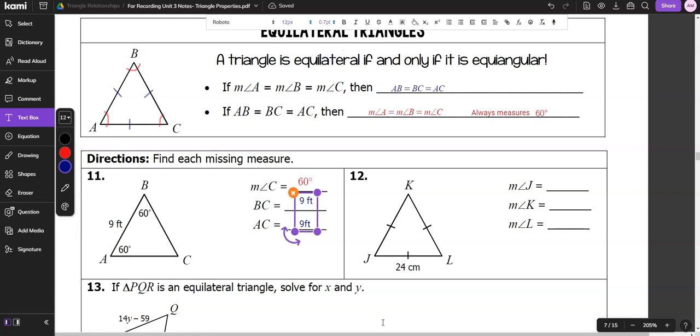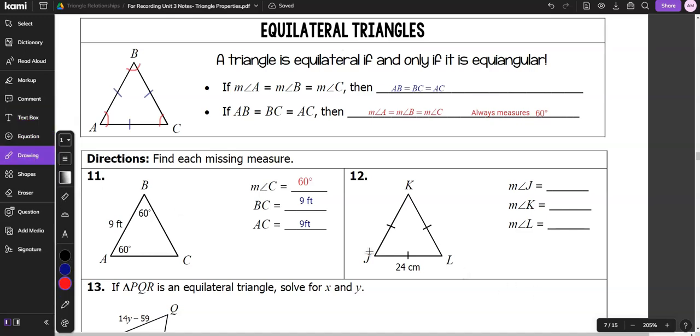We can use that same information over here with number 12 with triangle JKL. All three sides are marked congruent, so that means all three sides are 24 centimeters. But remember, if it's equilateral, then it must also be equiangular. Okay? So if JK, KL, and JL are all congruent, then angle J, angle K, and angle L are all congruent, which means the measure of each of them is, in fact, 60 degrees.